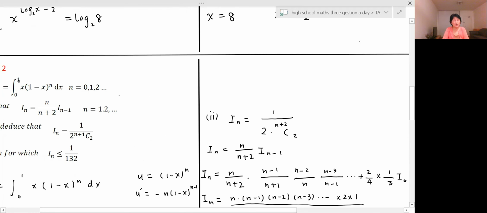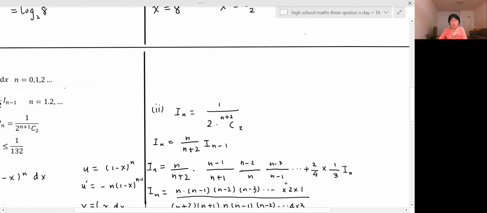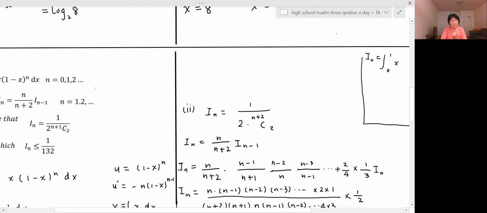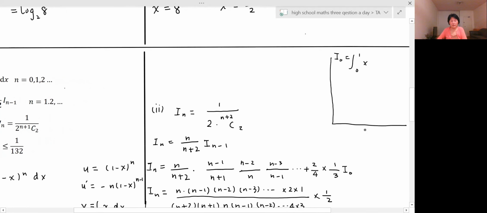You can see I_0 here is the integration from 0 to 1 of x dx, which just equals to half. So I_0 equals the integral from 0 to 1 of x times (1 minus x) to the power 0 dx, which equals x squared over 2 from 0 to 1, giving you half.